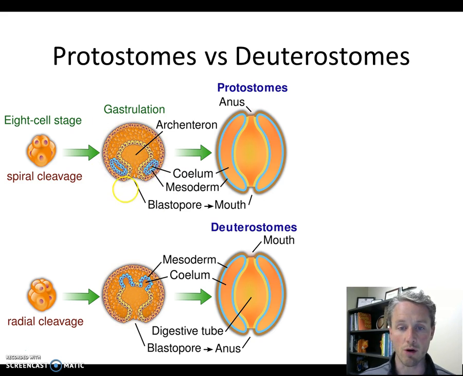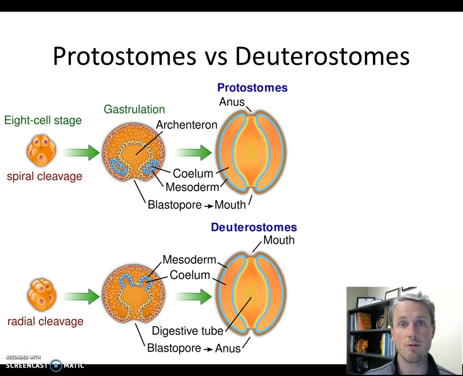This blastopore is one of the holes that accesses the organism's digestive tract. And in protostomes and deuterostomes, these organisms always have a complete digestive tract, meaning there's an entrance and an exit, the mouth and the anus.